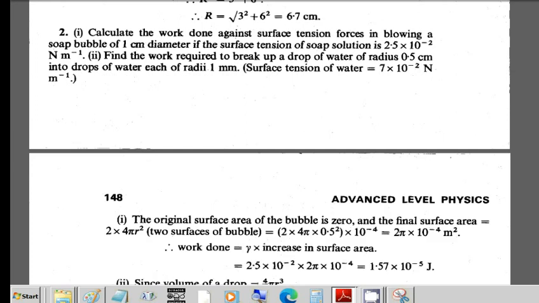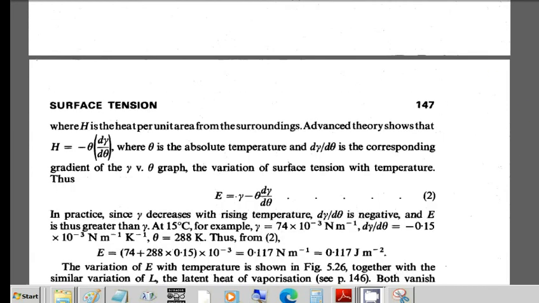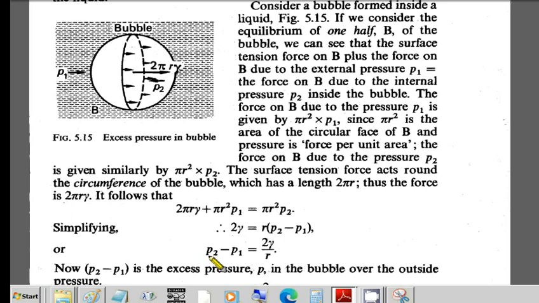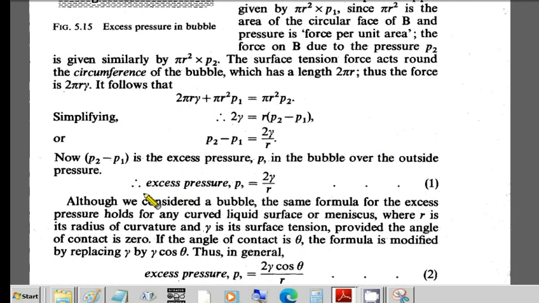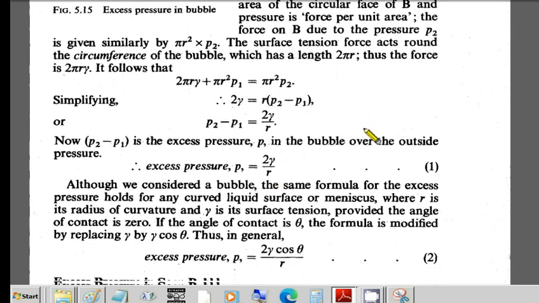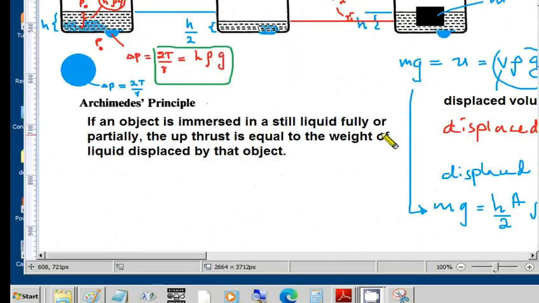You must have learned this in the classroom. This is the equation: P2 minus P1 is the pressure difference. They have taken gamma instead of capital T for surface tension. So here excess pressure P equals 2T divided by R. That is what we are going to use now. Excess pressure in a bubble or water drop is equal to 2T divided by radius R.